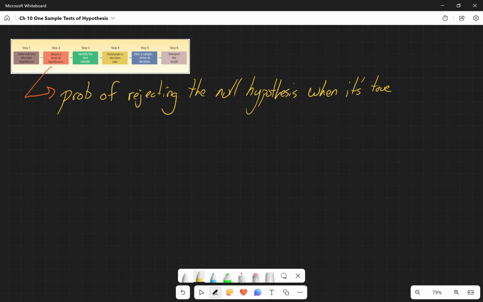So the higher the level of significance, the lower the risk of making this error.